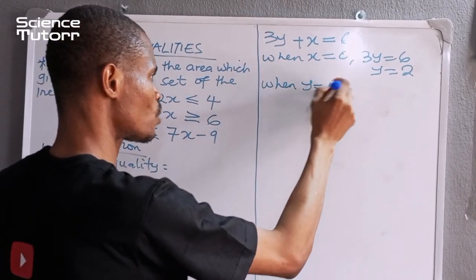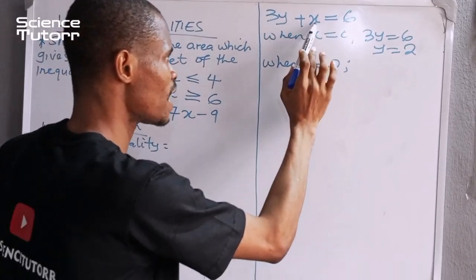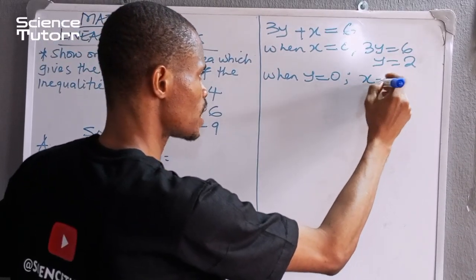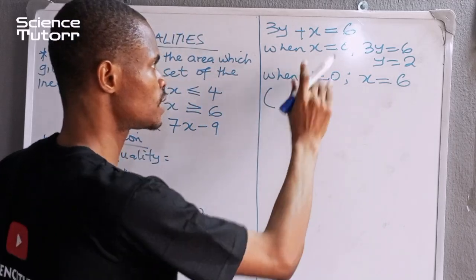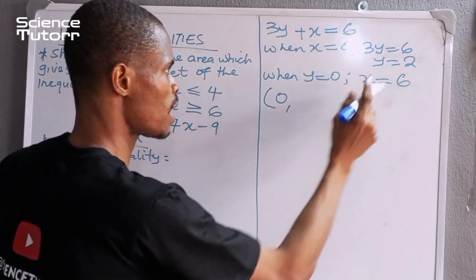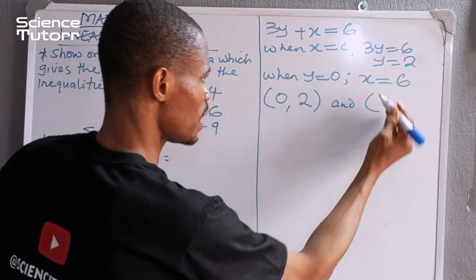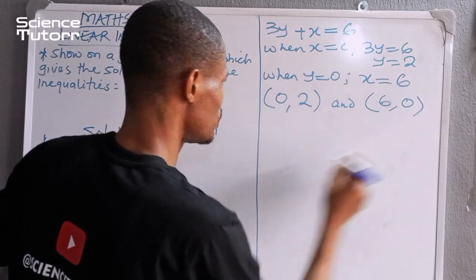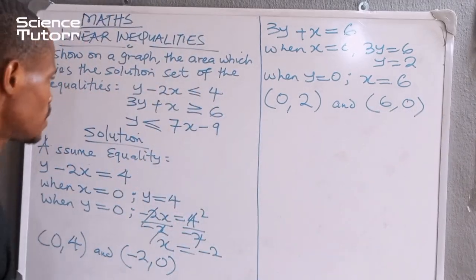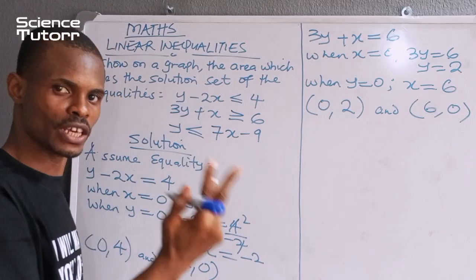When y equals 0, that makes x equal to 6. At the end of the day, we have our coordinates x 0, y is 2, and x 6, y 0. These are the second coordinates.